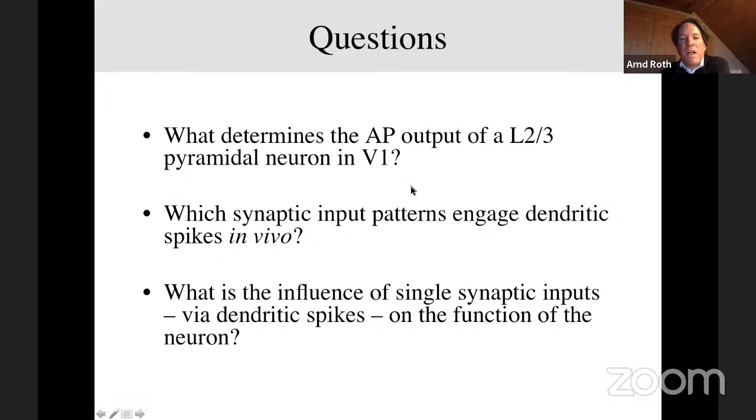Which synaptic input patterns can create dendritic events that we may have observed with the dendritic patch clamp recordings in vivo? And finally, if you compose those two questions, if you start from a single synapse, looking at dendritic events it may trigger, what does this mean for the somatic exponential output of the neuron?